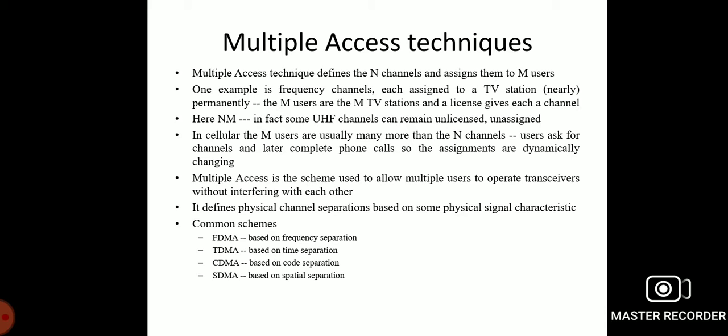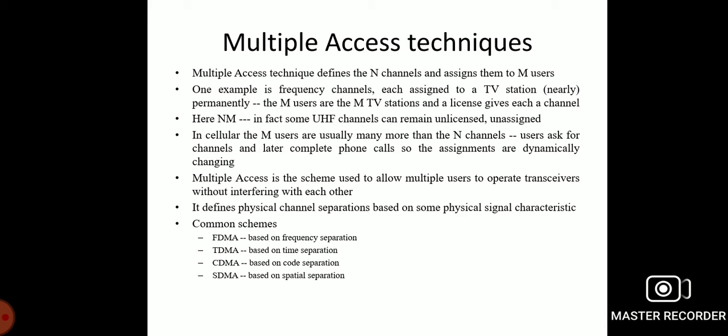Both frequency division duplexing and time division duplexing have advantages and disadvantages, and the multiple access schemes with any one of these techniques are used for wireless communication.